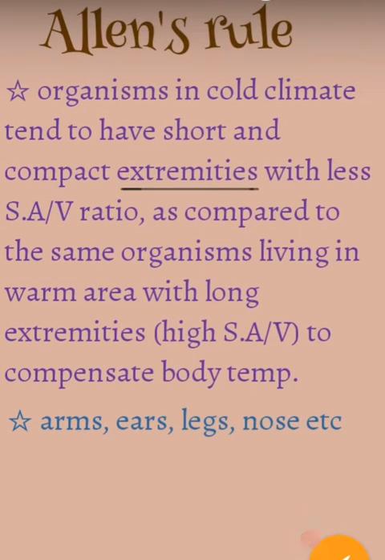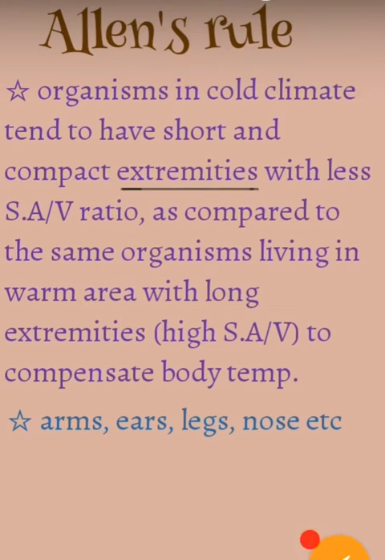So a low surface area to volume ratio will basically help them adapt to low temperature conditions, while the organisms which live in warm areas will have long extremities. Long extremities will lead to a high surface area to volume ratio.